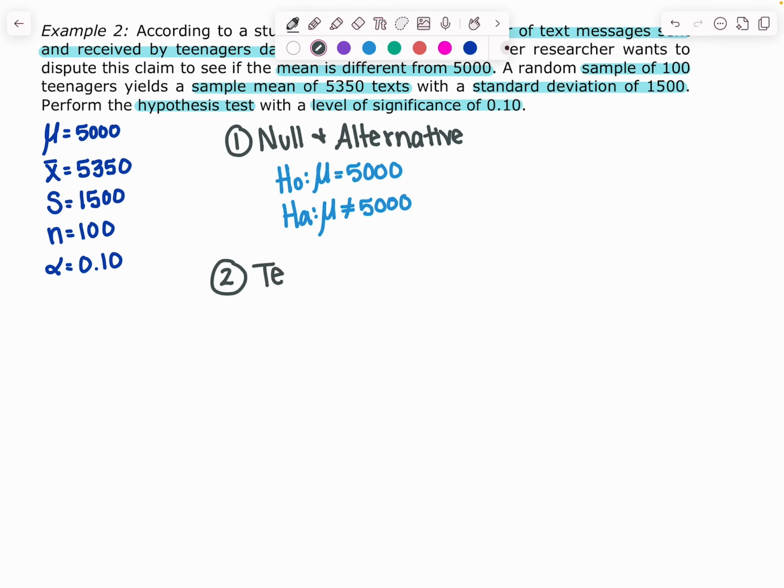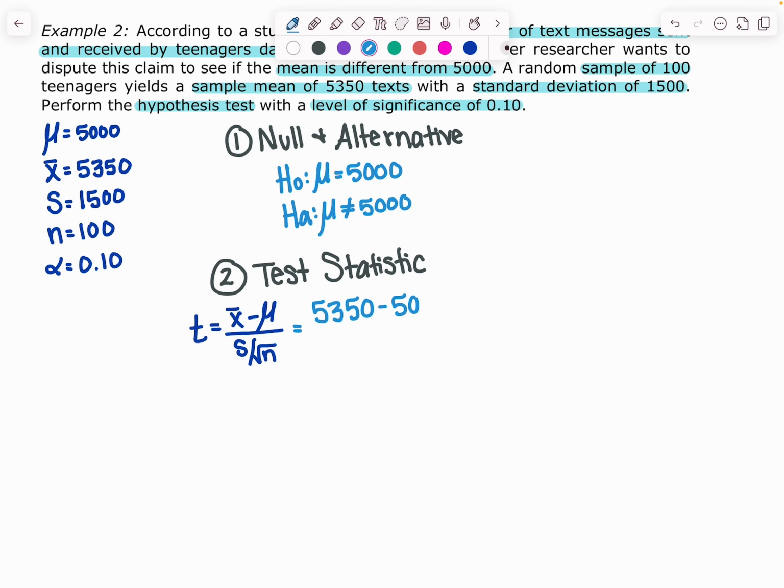Step 2 is the test statistic, using our t-score equation. This would be a great place to pause, see if you can get the t-score, and then resume. X bar is 5,350.